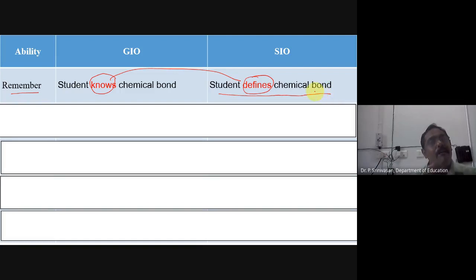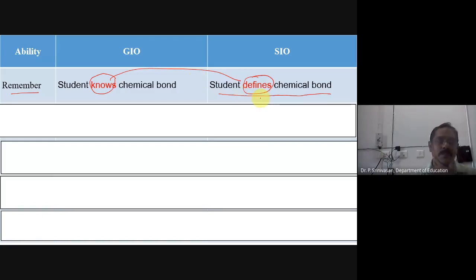Our lesson plan depends upon our GIOs. Whatever learning experience the teacher provides depends upon the SIOs written by the teacher trainers. It also helps in evaluation, for explaining the lesson, for providing learning experience, and for assessing the student. SIOs are more useful, but from the GIO only we generate the SIO. That is the starting point.